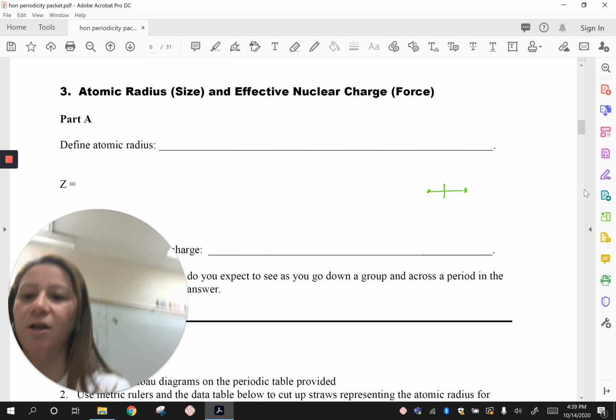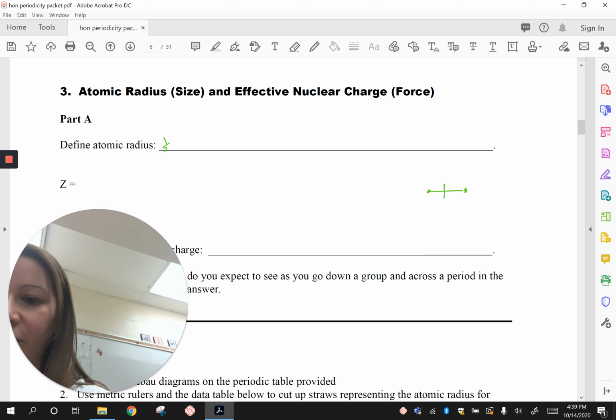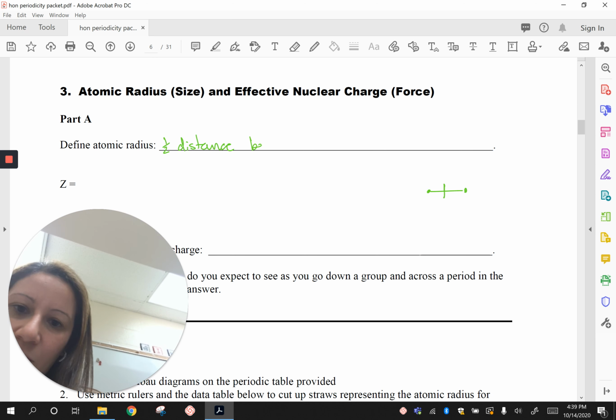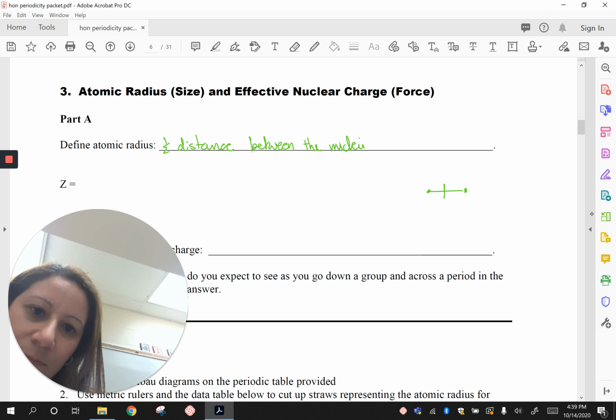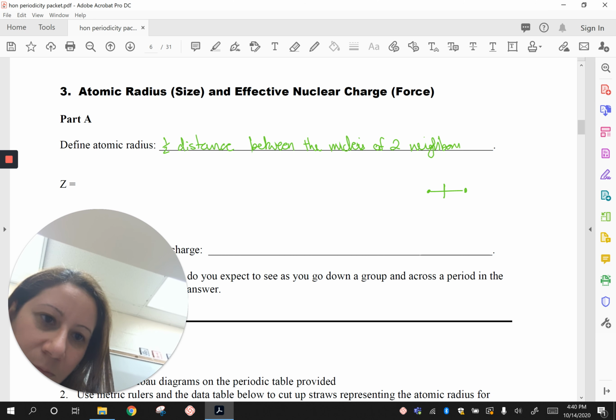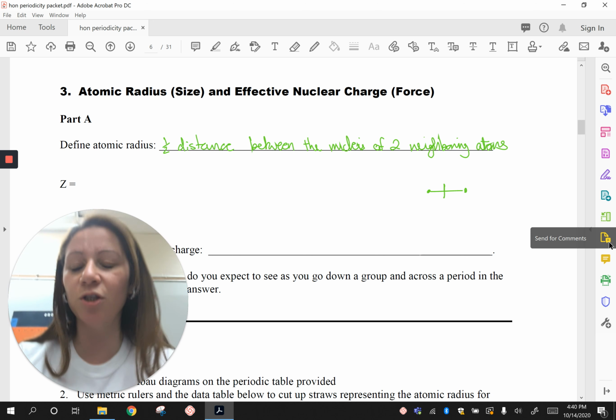So let's write that down. It is half the distance between the nuclei of two neighboring atoms. Let's think about the units that we would use.